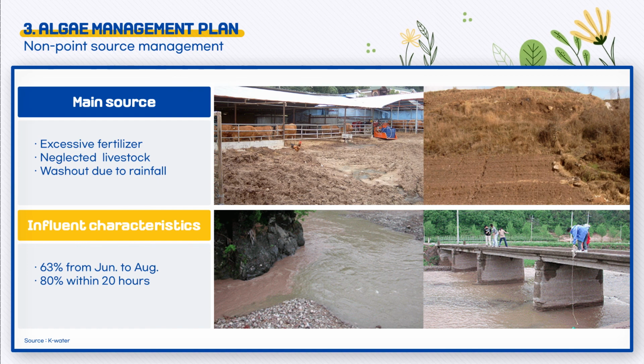Due to the lack of precipitation in the winter season, excessive amounts of fertilizer, neglected livestock excrement, and other contaminants build up, making non-point source pollution difficult to manage when the rainy season commences. Furthermore, efforts to reduce the inflow of non-point sources are being made by ascertaining the features of inflow of non-point sources.